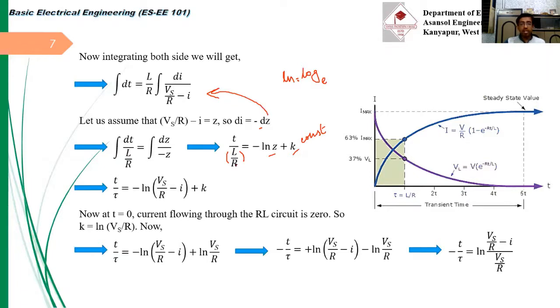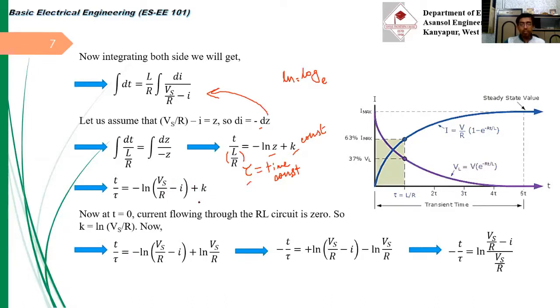This L by R term is considered as tau. It is called the time constant. What is the usage of this time constant? We will discuss it later. For now, just know that this tau is called the time constant, a Greek letter. So t by tau equals minus ln (Vs by R minus I), putting the Z value, plus k.